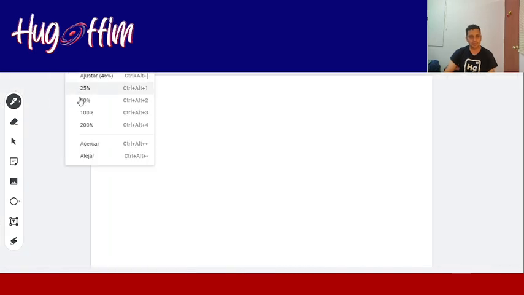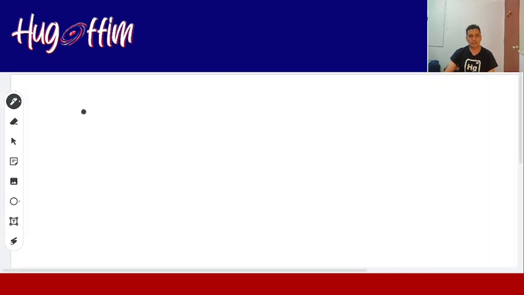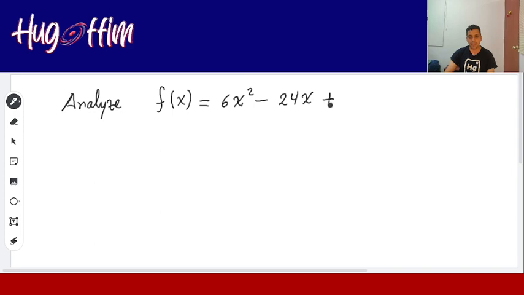I'm going to analyze the function f(x) equals 6x squared minus 24x plus 3. Okay, so this is the function I'm going to analyze. I'm going to see how this function works.